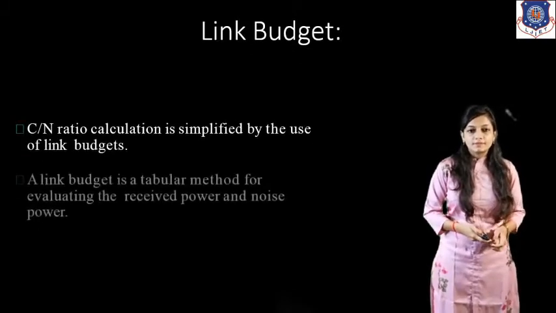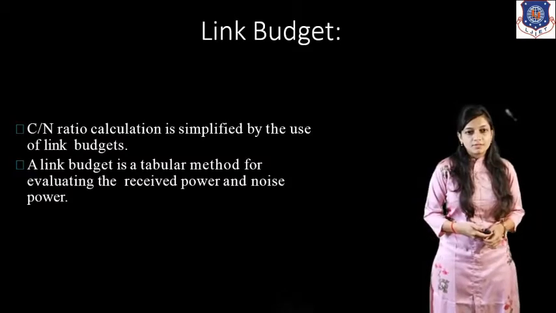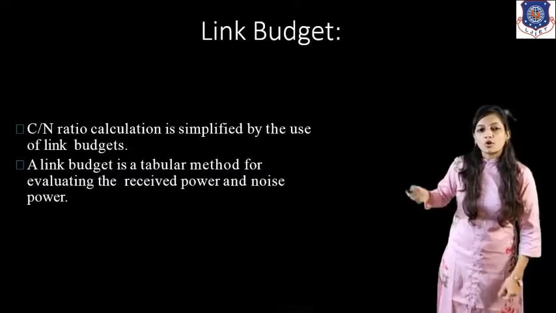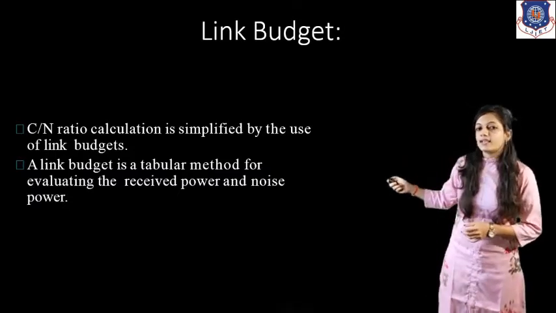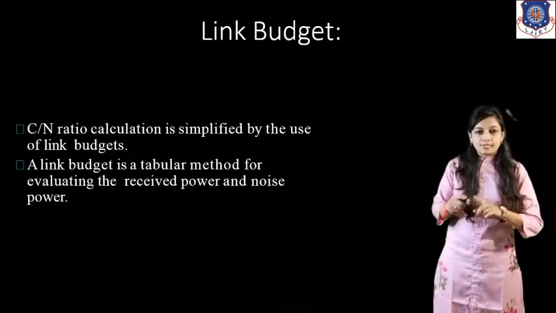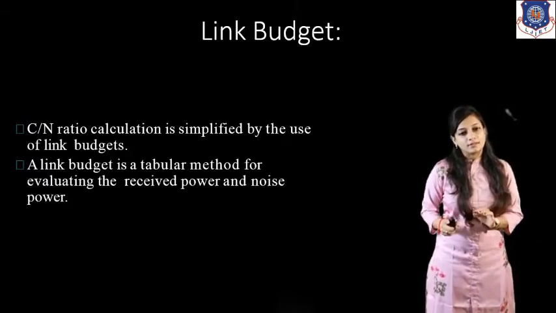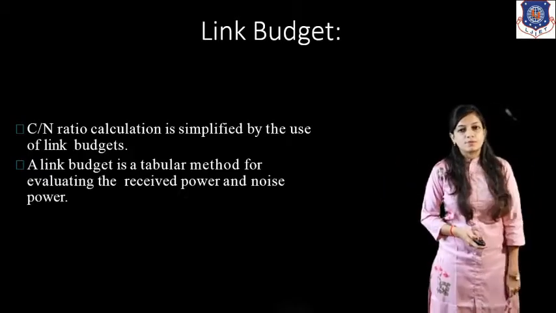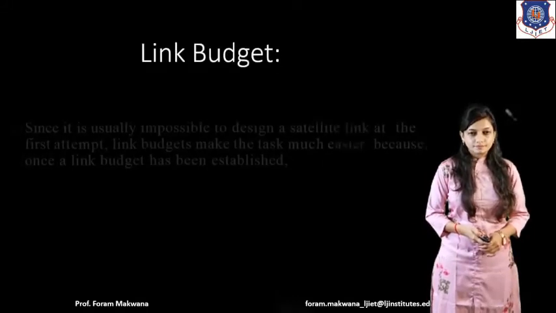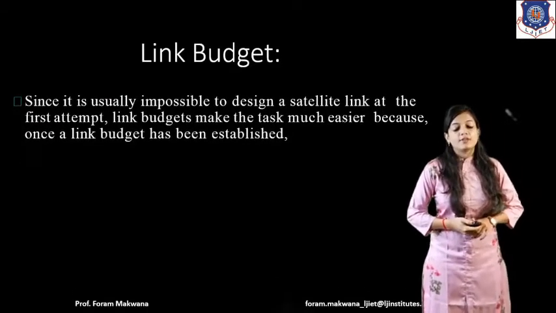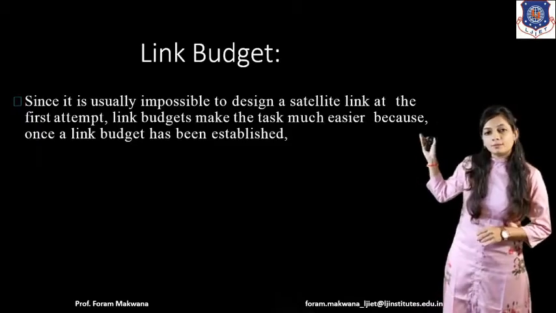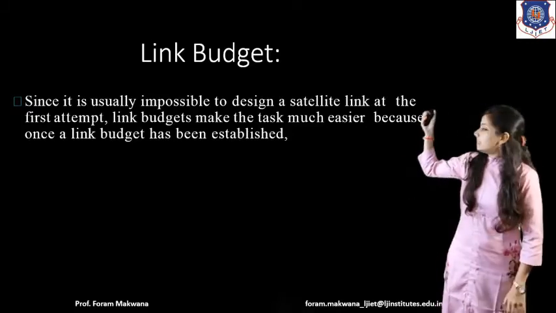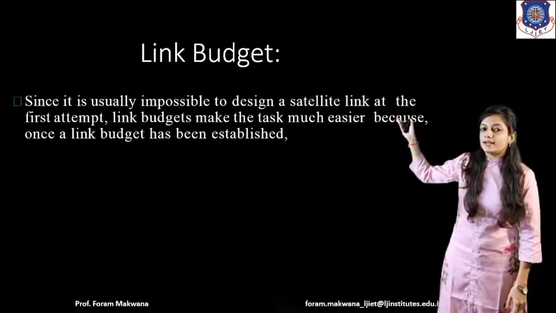So for link budget, the carrier to noise ratio calculation is simplified by the use of a link budget. And second, a link budget should be presented in tabular form. Why? Because it is easy for evaluating the received power and the noise power. As we design a link, we need to consider different parameters, and it is impossible to design a satellite link at the first attempt.